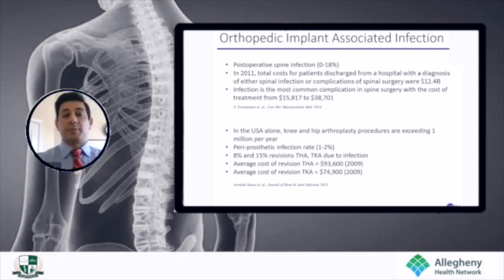Infection is the most common complication in spine surgery, with a cost of treatment from about $16,000 to $39,000. I have put some similar statistics for joint arthroplasty. The major one is that about 8% and 15% of revisions of total hip arthroplasty and total knee arthroplasty, respectively, are due to infection.